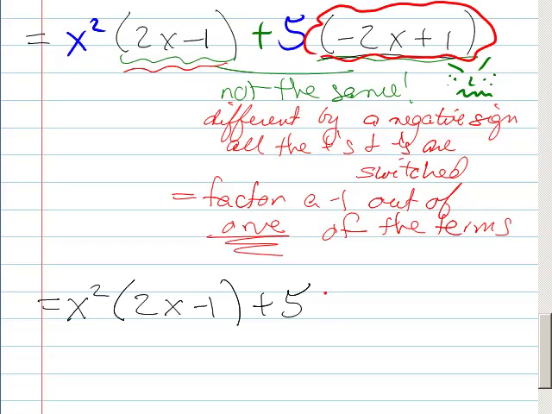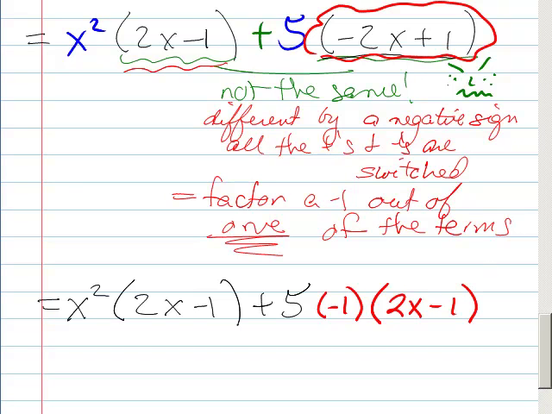If I pull a negative 1 out of negative 2x, I'm going to have left a 2x. If I pull a negative 1 out of a positive 1, you have to say, well, negative 1 times what is positive 1? And that's negative 1, okay?